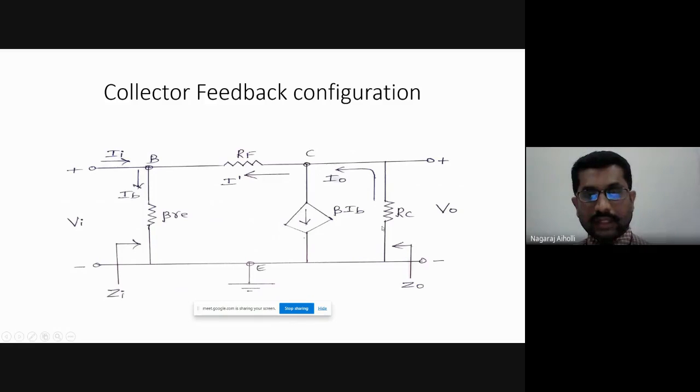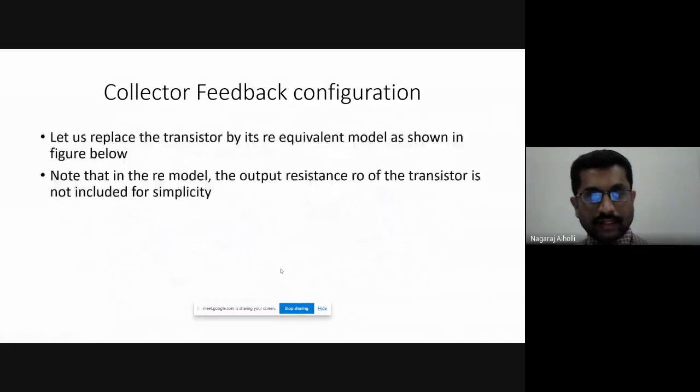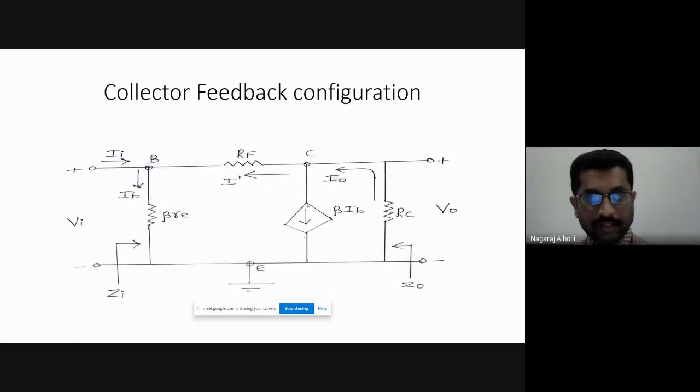Then we have the output voltage V0 with positive and negative, the output impedance Z0, and the emitter terminal is grounded here. Therefore, the emitter terminal is grounded in the RE model also. You all understood how we are getting the RE model from the given circuit?